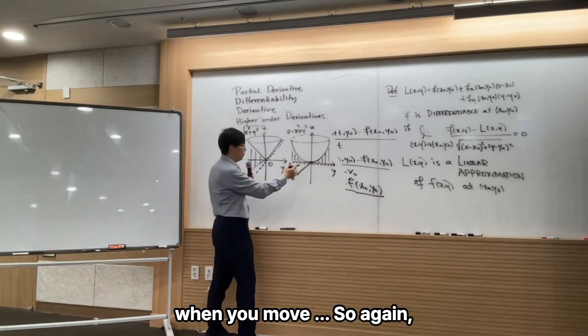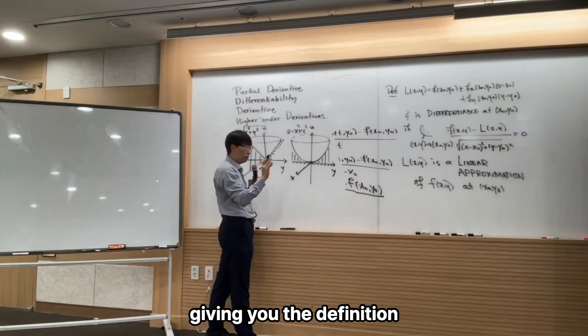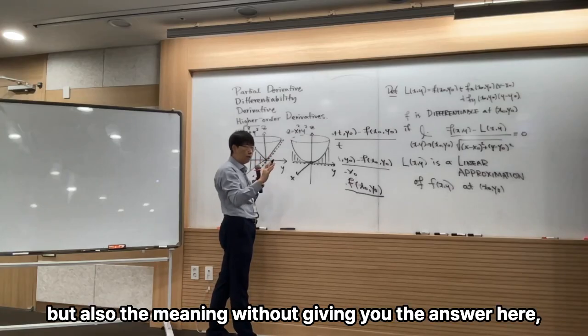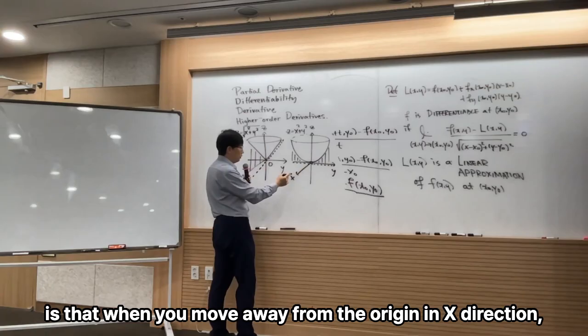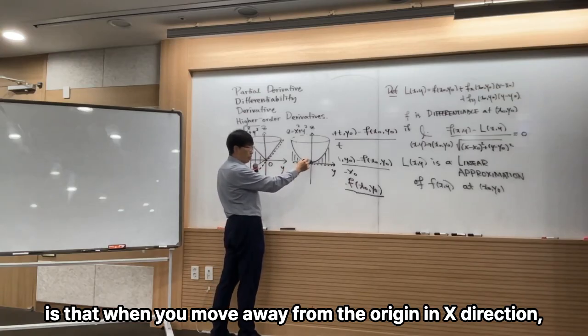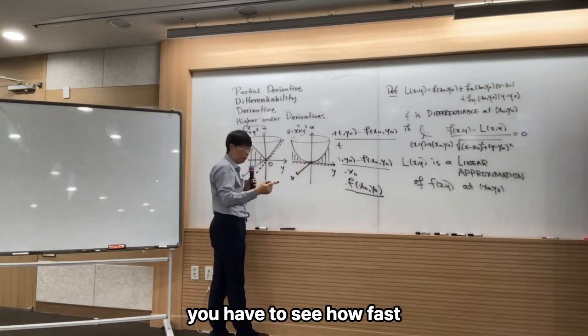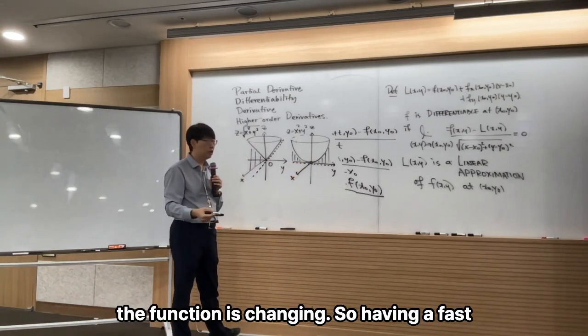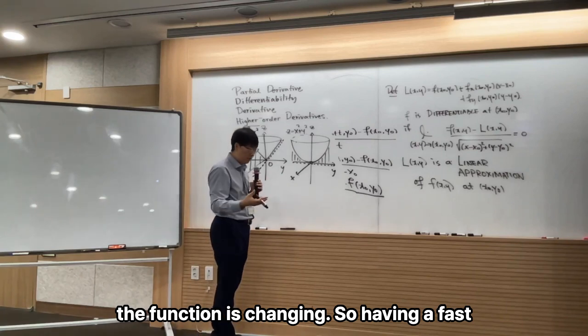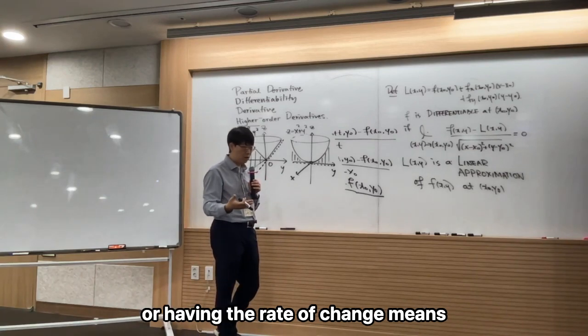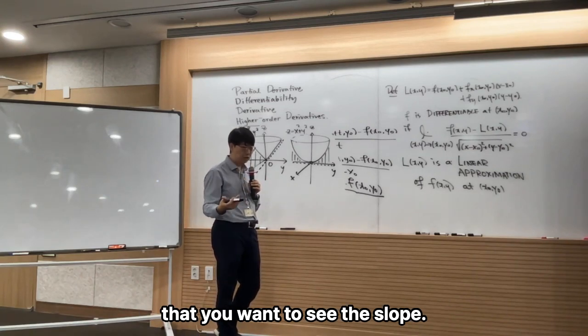So again, giving you the definition, but also the meaning, without giving you the answer: when you move away from the origin in the x direction, you have to see how fast the function is changing. Having the rate of change means that you want to see the slope.